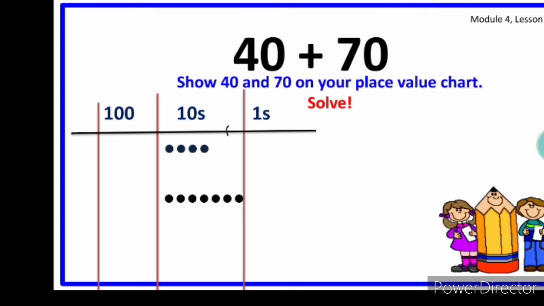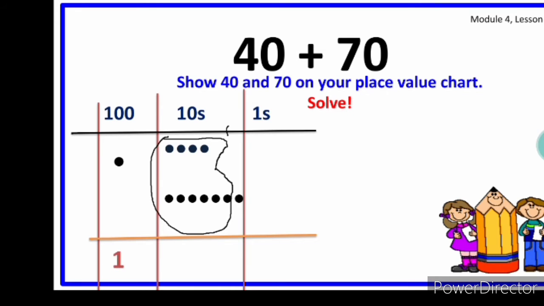So let's bundle that 10. We have 1, 2, 3, 4, 5, 6, 7, 8, 9, 10. Now, after bundling 10, what do we have left? We have 1 left. So we have 1 hundred, 1 ten, and 0 ones. Which gives us what?